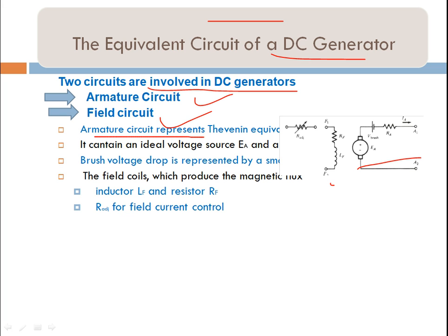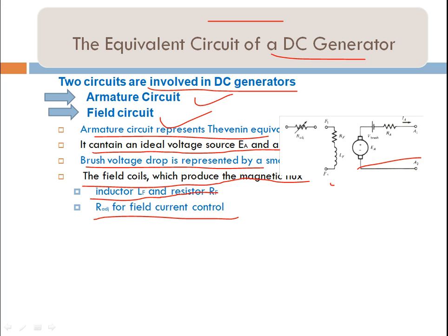The armature circuit represents the Thevenin equivalent circuit and contains an ideal voltage EA. The brush voltage drop is represented separately. The field coil, which produces the magnetic flux, is represented by the inductor LF and the resistor RF, and the adjustable resistor R adjust is for field current control.